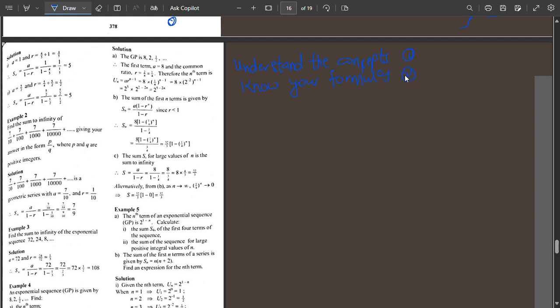We have the formulas for the terms: for terms, we have AP, and then we have GP. And then you need a formula for the sum, also for AP and GP. And then we need the formula for sum to infinity.